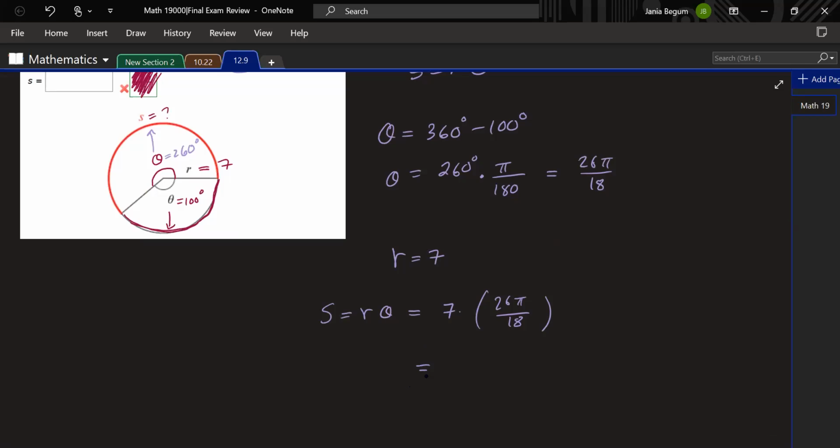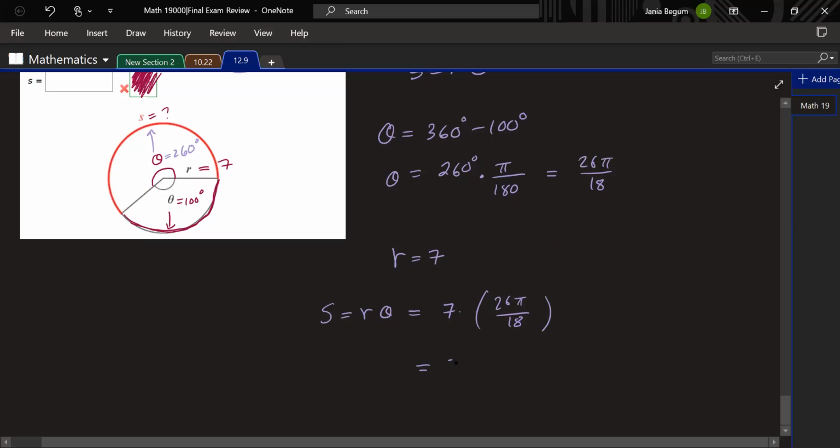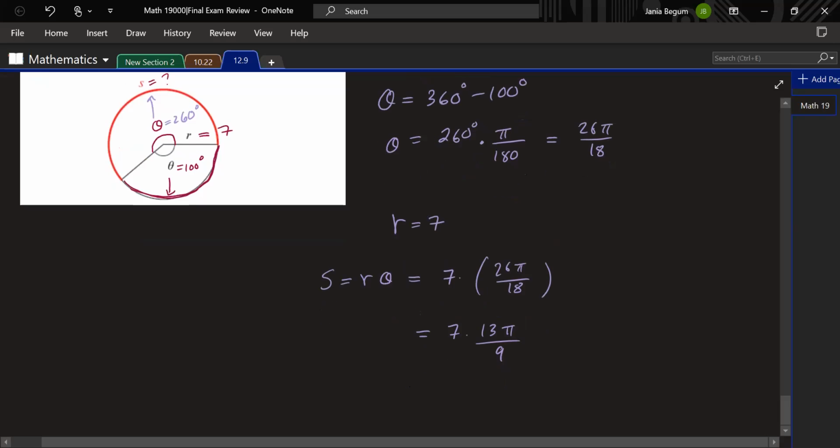It will be 13 over 9 pi. The rest we cannot simplify, so we just multiply them. What's 13 times 7? 91. And then we have a 9 on the bottom. So that will be our arc length.